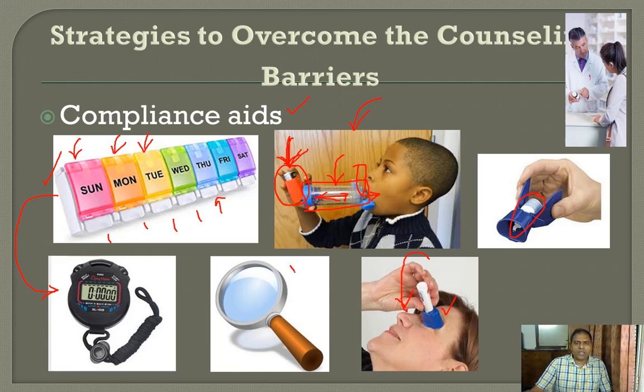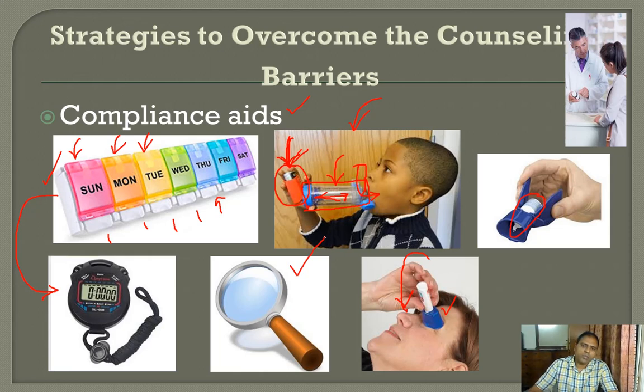So this is the magnifying glass. Many older patients may not be able to read the given instructions from the leaflet. Always in the leaflet, the letters will be very small. The fonts are very small in size.